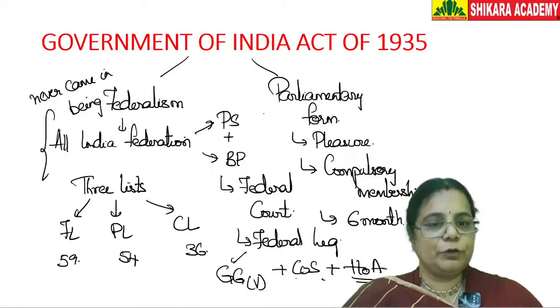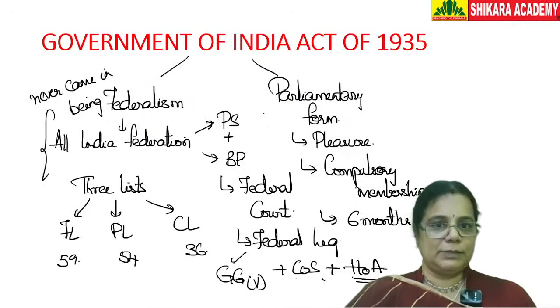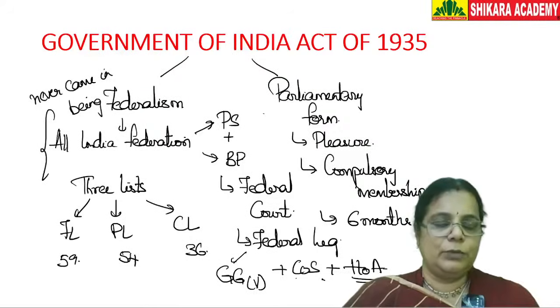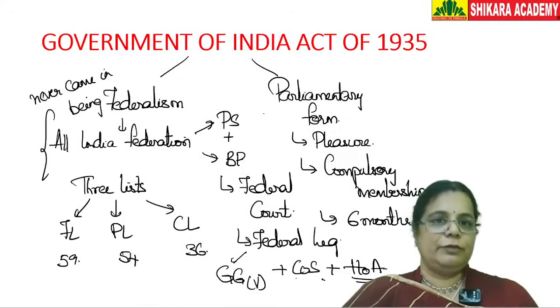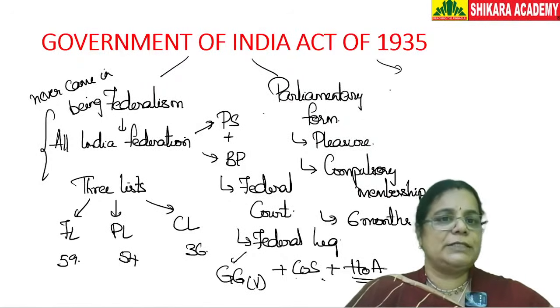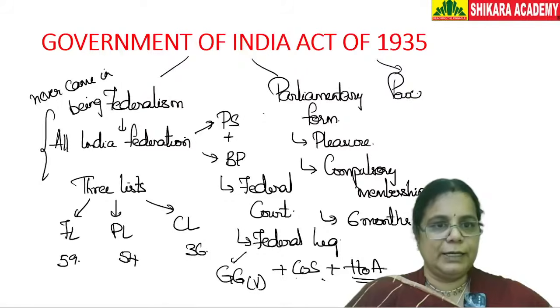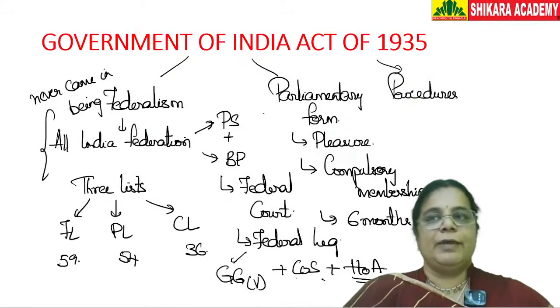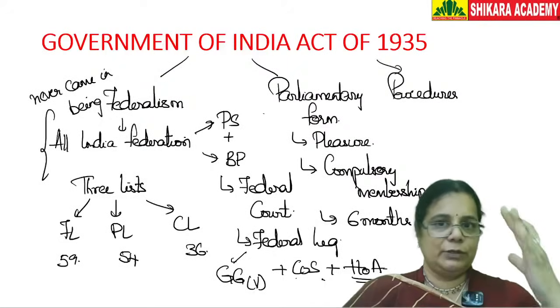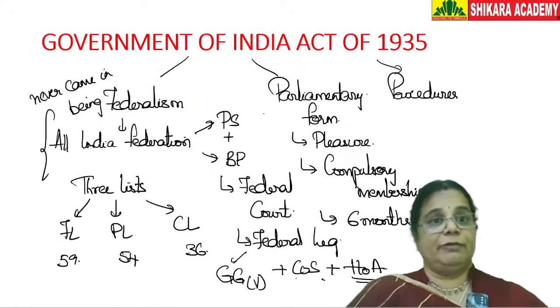You are not a member for more than 6 months, you cannot continue as a minister. All these features of parliamentary form of government were introduced by the Government of India Act 1935. Not just this, a lot of procedures that are followed in the parliament, like we have the joint sitting, we have the procedure of budget. All these were introduced in the Government of India Act 1935.